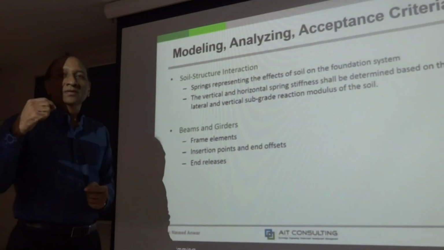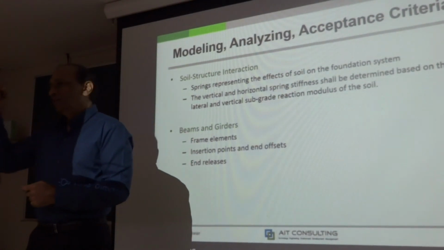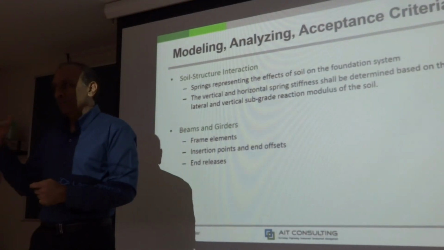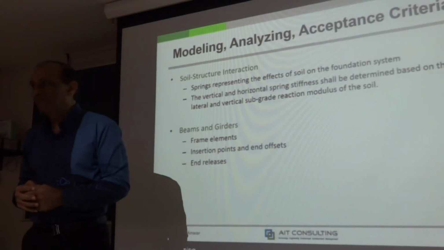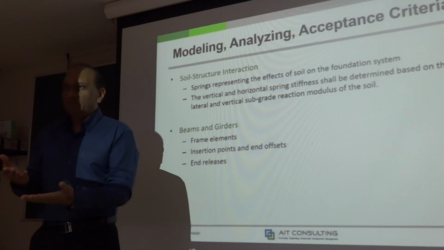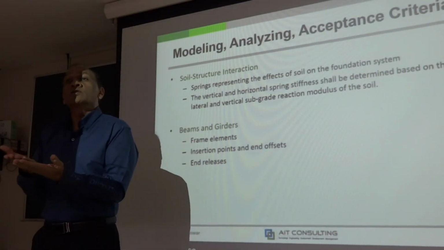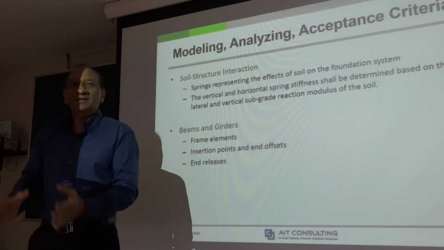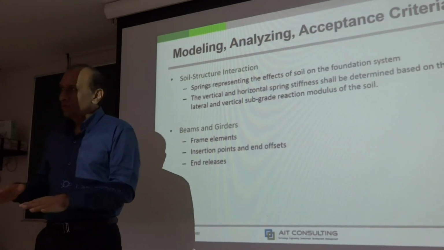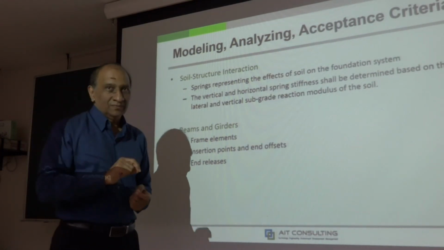Try to mimic, or try to analyze the structure the way it is actually behaving in reality, rather than trying to divide. For example, if the structure is being built up floor by floor, your models should also be built floor by floor, not a complete model at one time. So really what should happen for a tall building analysis is this.